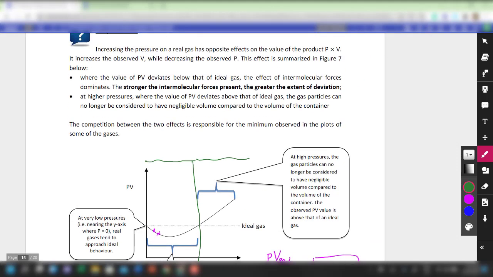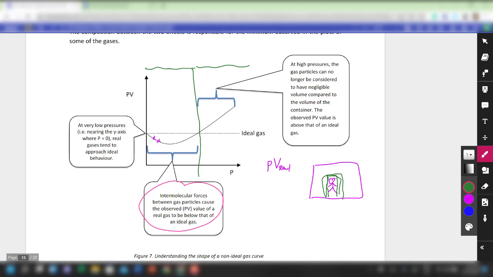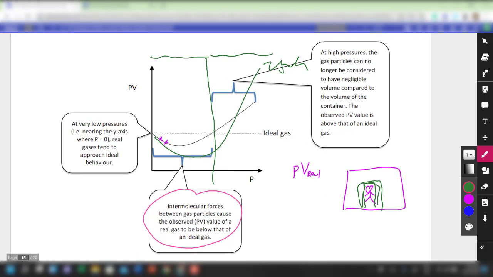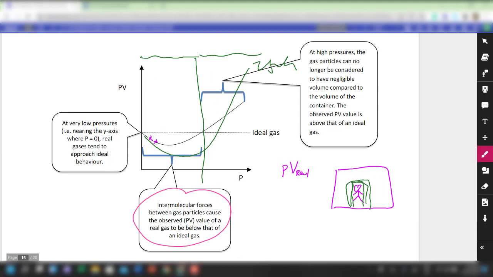What is more important is for you to recognize that for negative deviation, the value of PV is below the ideal gas, and positive deviation is above, and roughly you are able to sketch out the shape of the graph in this manner, and that will be good. Let's say this is 300 Kelvin, and at a lower temperature, let's say 250 Kelvin, something like that. If you are able to sketch a graph which looks something like this, that is good enough, in fact.